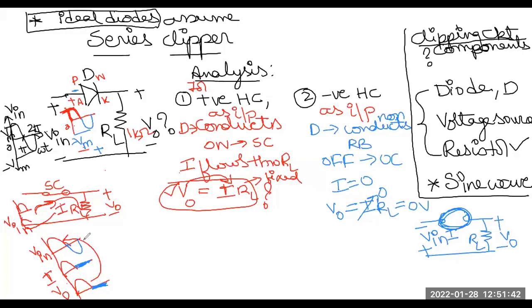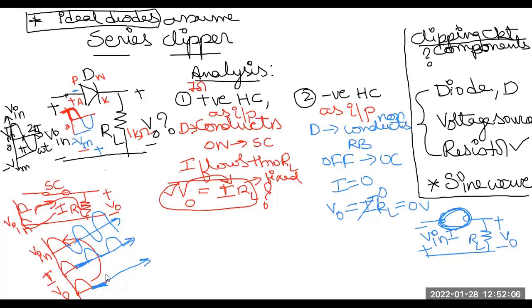Now, if this waveform is continuous in nature, what is the next output going to be? Positive half cycle, then 0, then positive, then 0. The same will be extended to the output voltage V0.